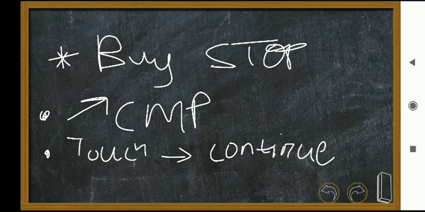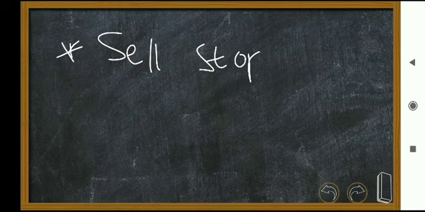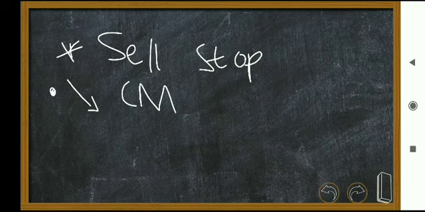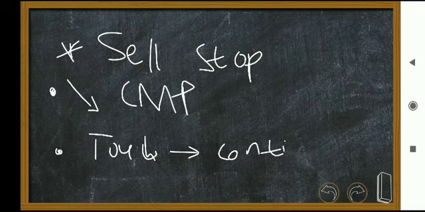That's for buy stop. Then let's go for sell stop. The sell stop is set below the current market price, and it's the same as the buy stop. Price has to touch and continue in that direction.